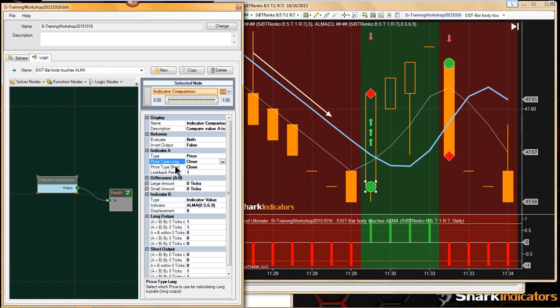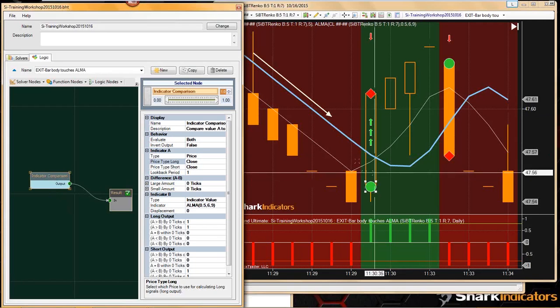Now we need to make sure that we get the correct prices set in here. There's a couple of ways I can do this.